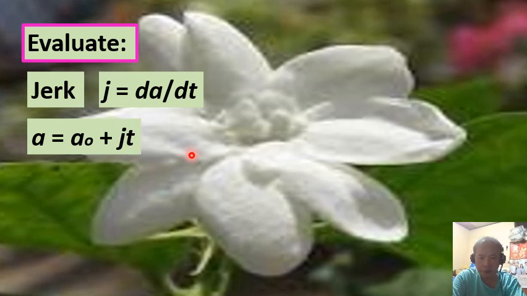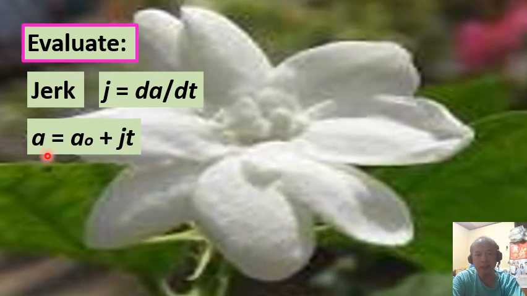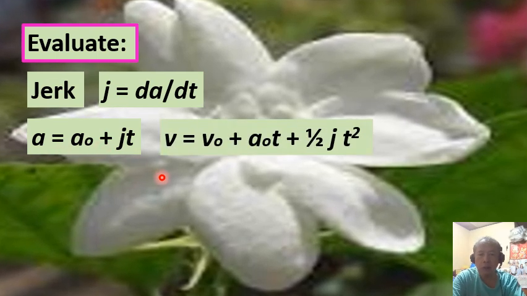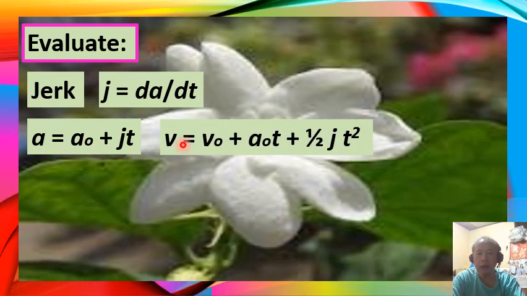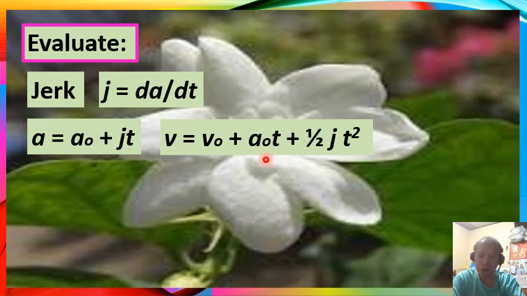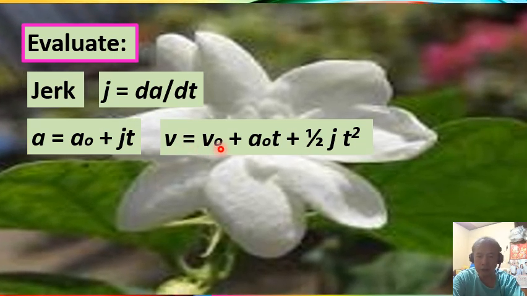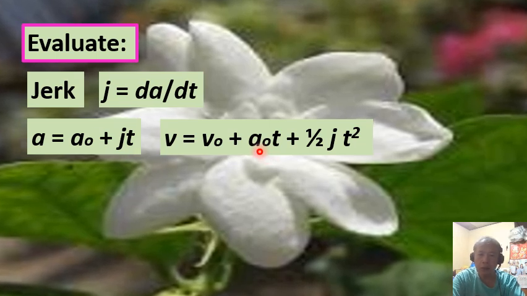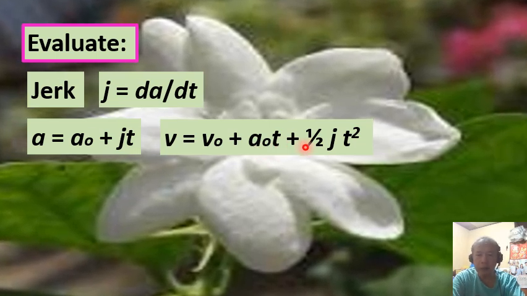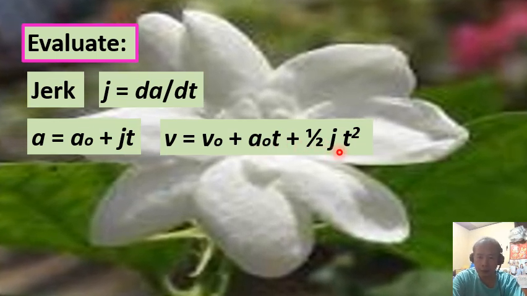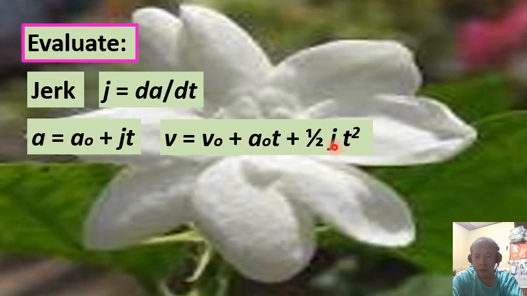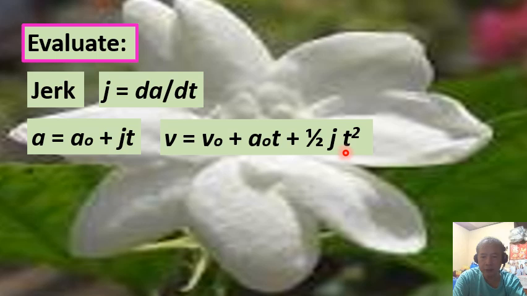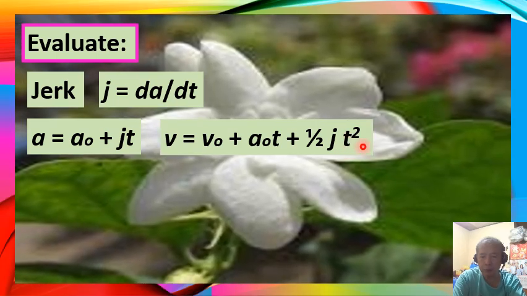And then again, if we integrate this acceleration function, we will get the velocity function expression v equals v naught plus the product of a naught times t plus 1/2 the product of small letter j, or jerk, multiplied by the square of the time t.